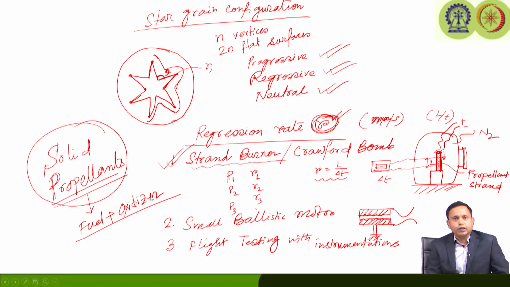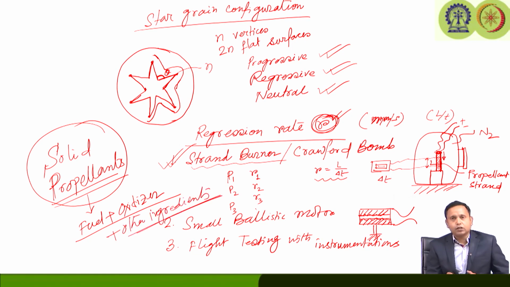If you recall our introductory class where we talked about the different types of rockets, solid, liquid and hybrid, we have seen that for a liquid rocket the fuel and oxidizer are stored in separate tanks and supplied through turbo pumps, whereas in a solid propellant the fuel and oxidizer are mixed intimately and made into a shaped mass, which we now know is called grain. So basically the solid propellants must have a combination of fuels and oxidizer plus other ingredients.